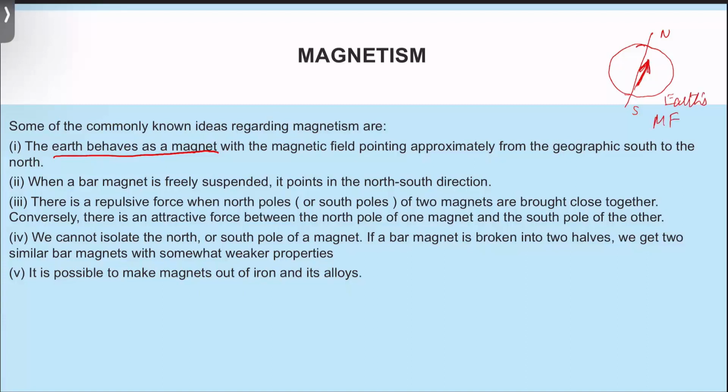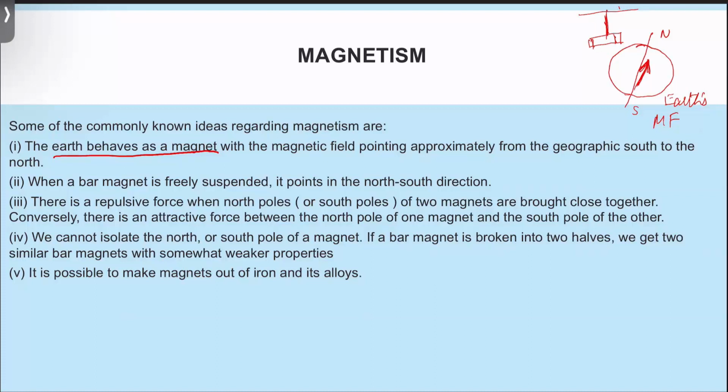Now, if this is your magnetic field and we have freely suspended a bar magnet over here, what happens is the bar magnet itself turns and tries to align itself with the Earth's magnetic field.